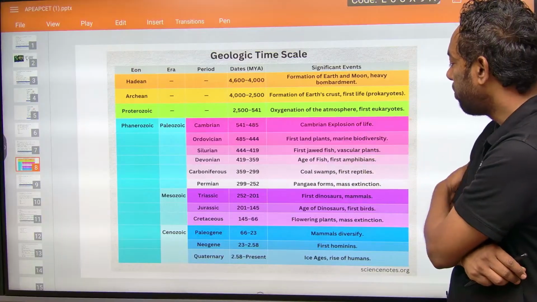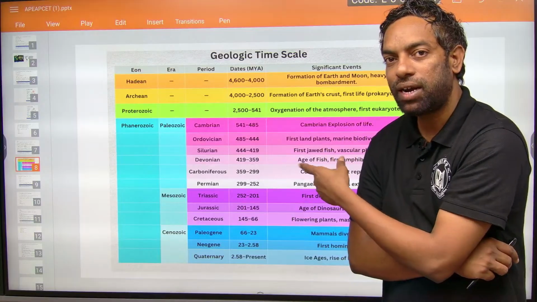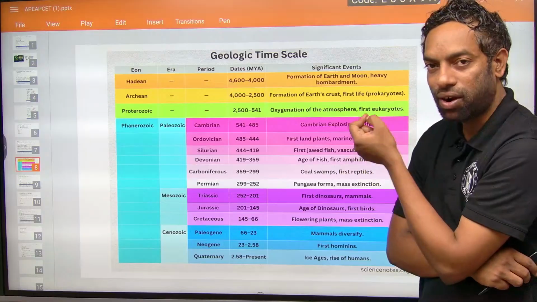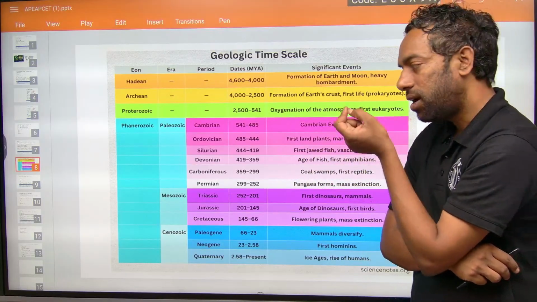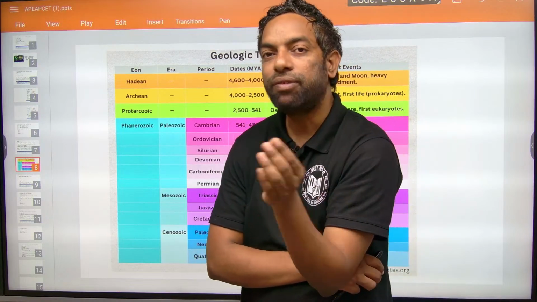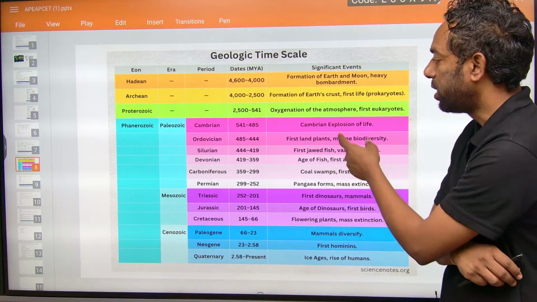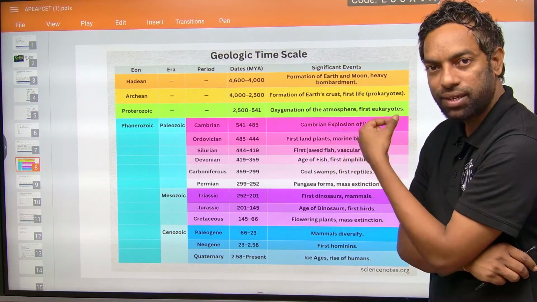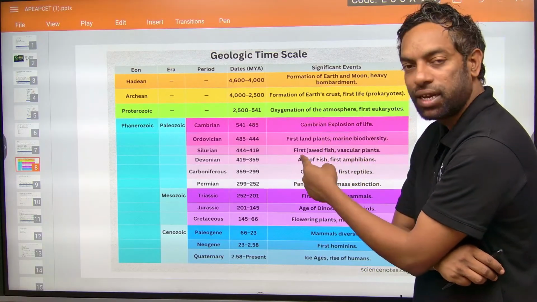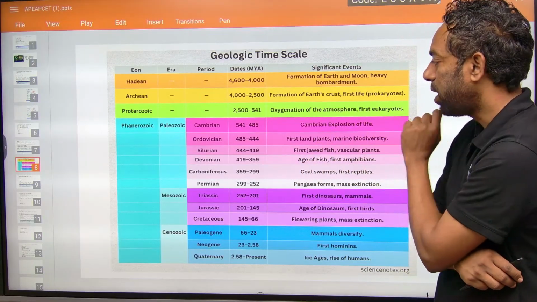Devonian. In the Carboniferous, amphibians are highly developed and the first reptiles started.